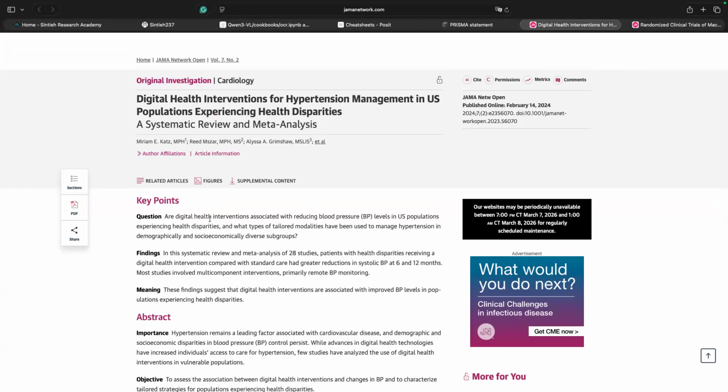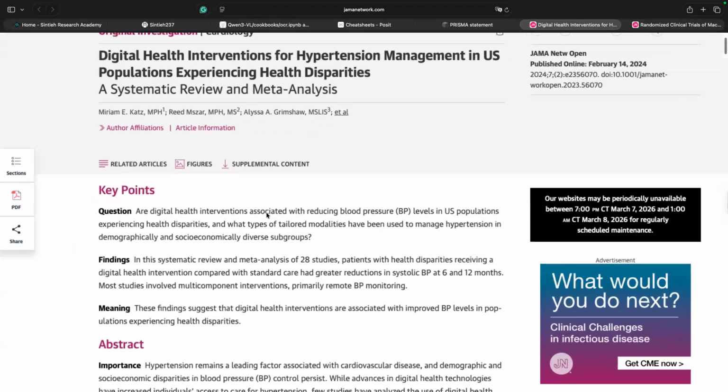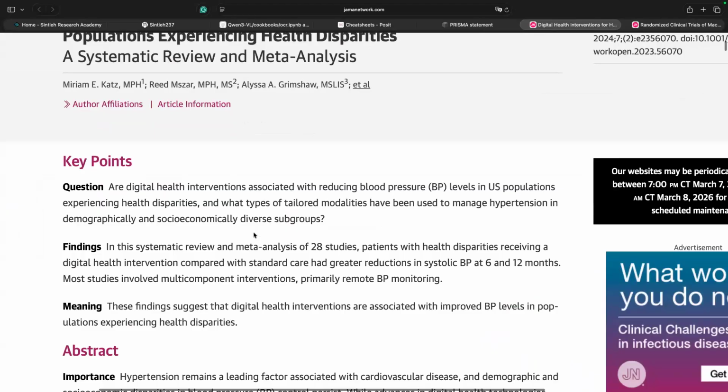Okay, doctor. The key points. Question: are digital health interventions associated with reducing blood pressure levels in the United States population experiencing health disparities? And what type of tailored modalities have been used to manage hypertension in demographically and socioeconomically diverse subgroups?